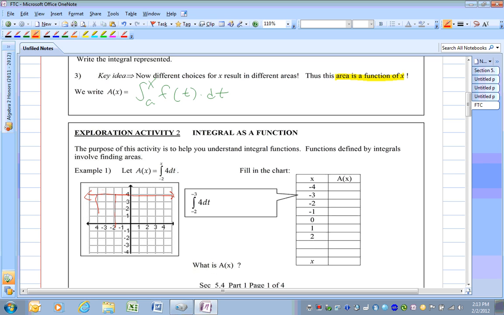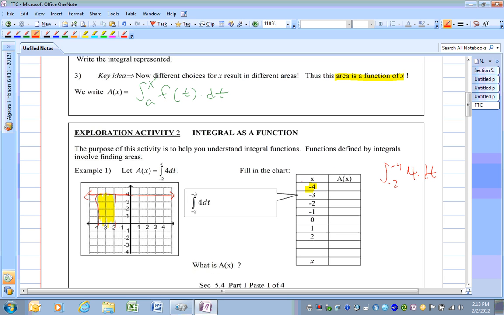So here's the deal. What if x is negative 4? So let's say I were to shade this. So we're looking at this situation, right? What if x is negative 4? So I'm integrating from negative 2 to negative 4, 4 times dt. What would our area be here? What would you report?